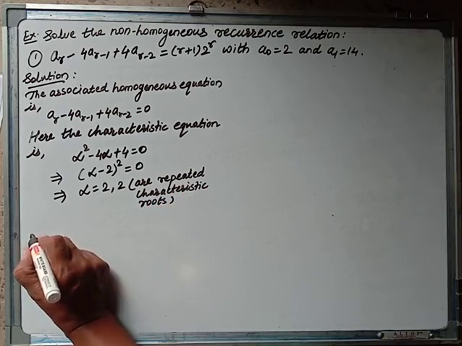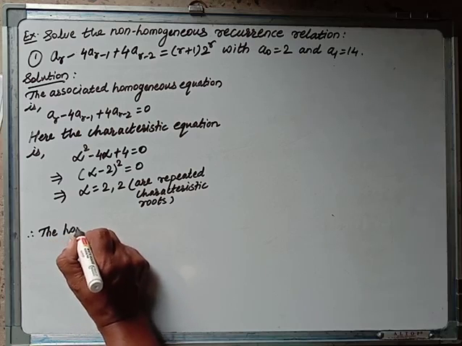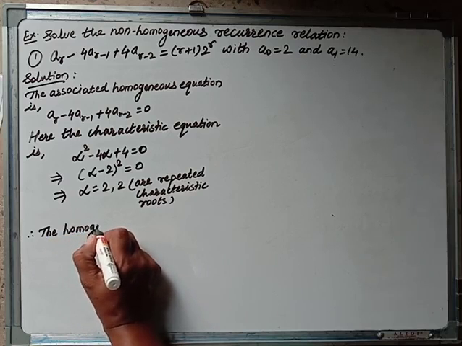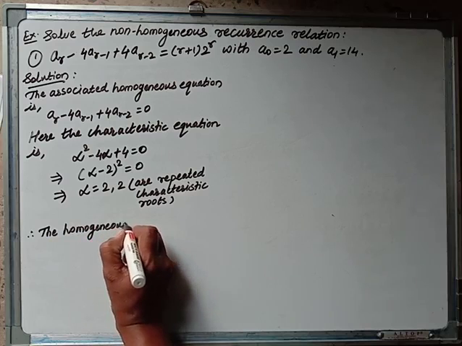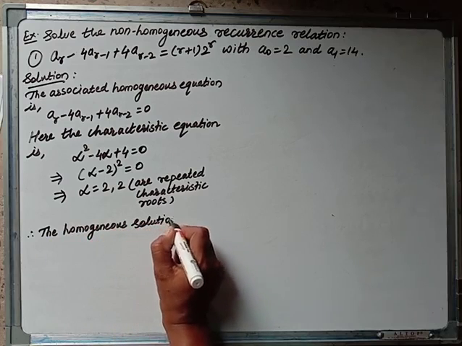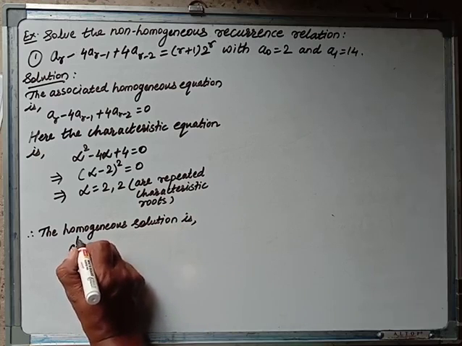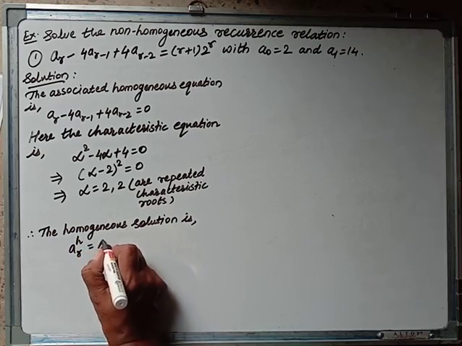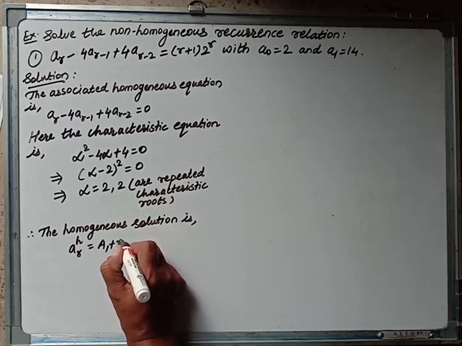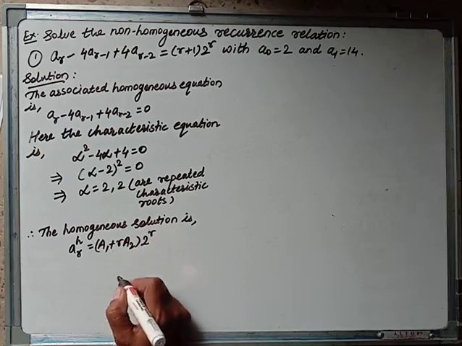Okay, therefore the homogeneous solution is a_r^(h) is equal to (A1 plus r A2) into 2 raised to r.